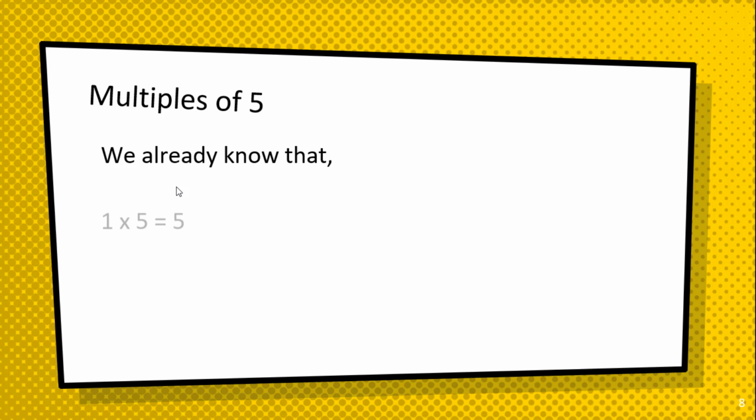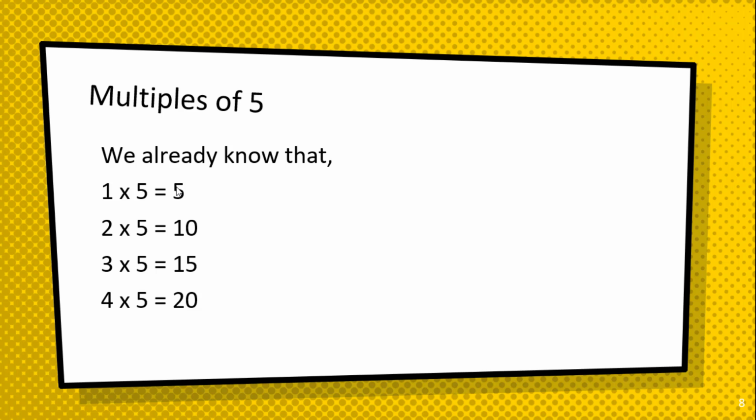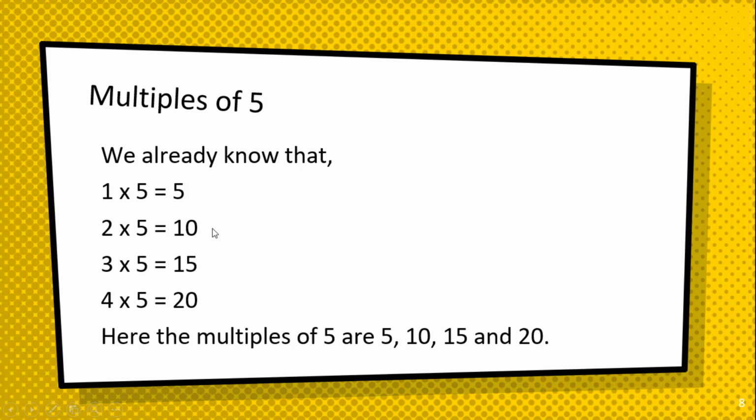So 1 multiplied by 5 equals 5, 2 multiplied by 5 equals 10, 3 multiplied by 5 equals 15, 4 multiplied by 5 equals 20. Note, all of these multiples, that is 5, 10, 15 and 20, come in the tables of 5. So I can call them the multiples of 5. So the multiples of 5 are 5, 10, 15 and 20.